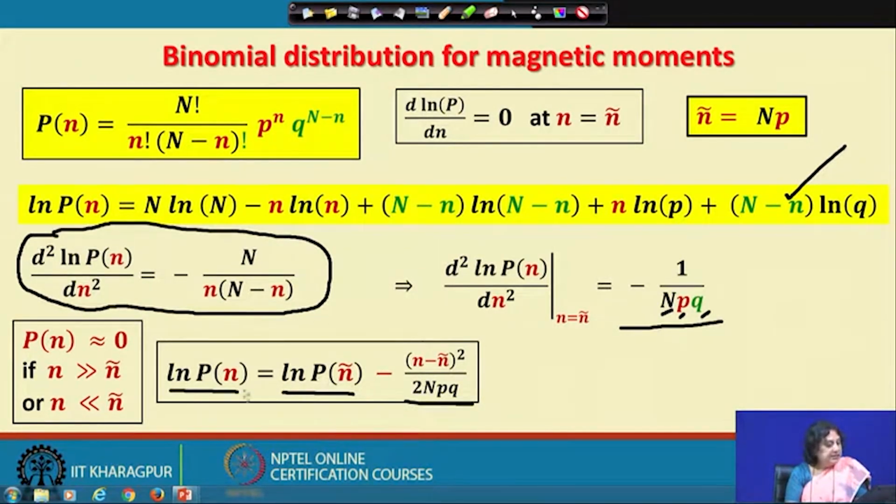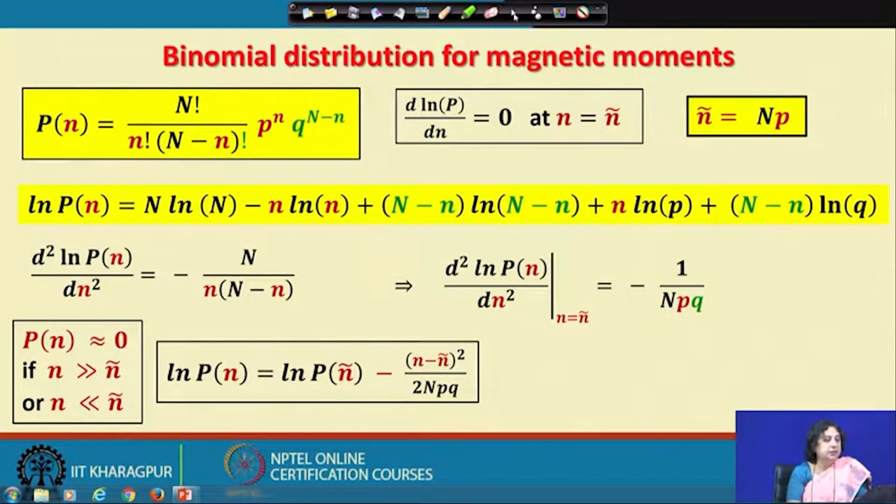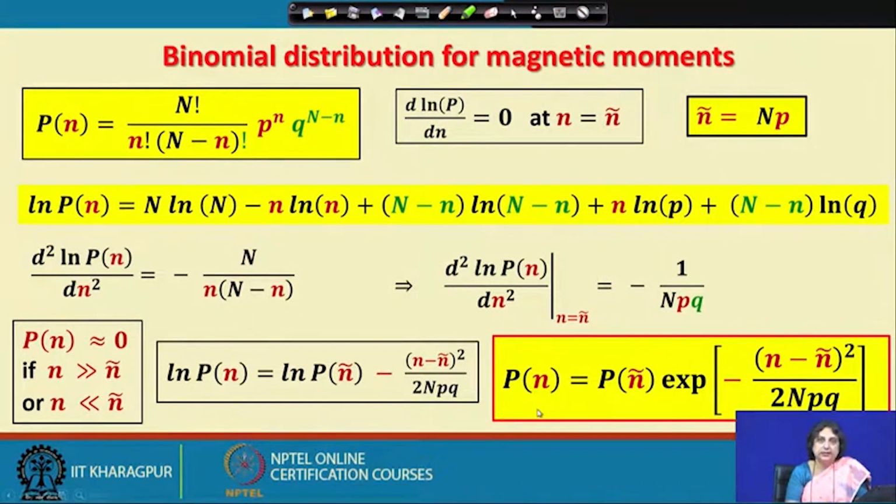Now, this basically says that the natural log of P n is equal to the natural log of the maximum probability minus some square term in n minus n tilde. And this means that I can now write the overall distribution function like this.